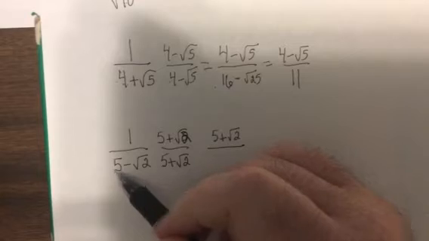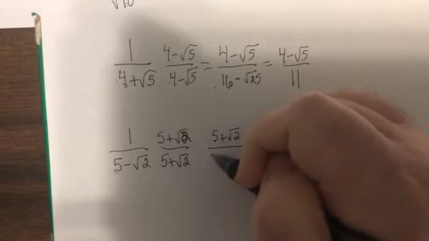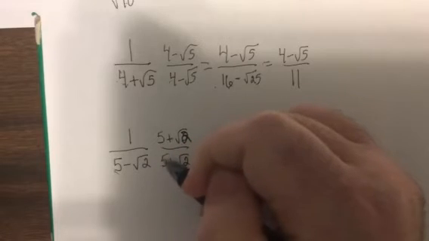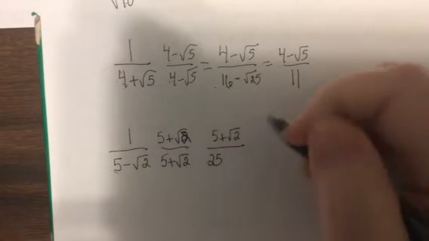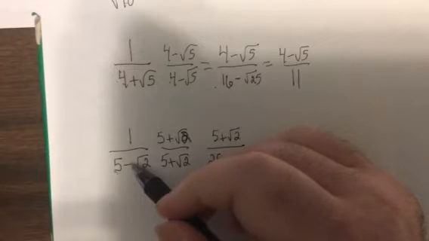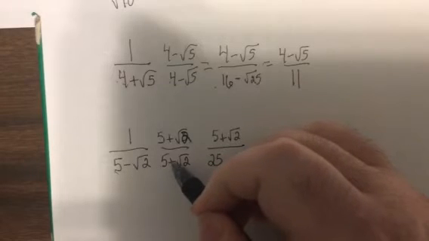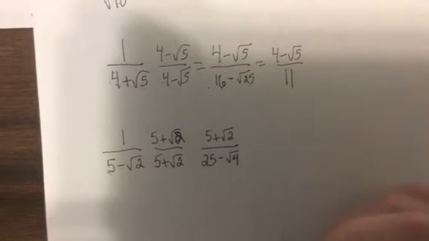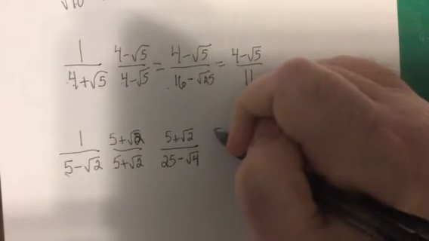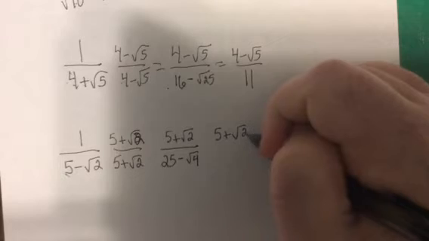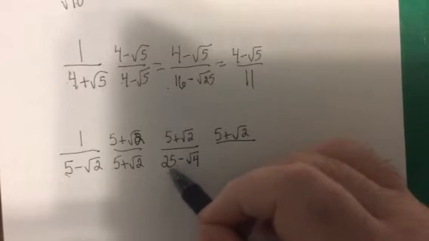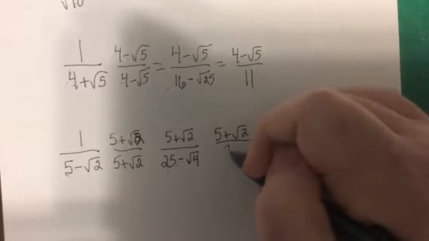On the bottom, 5 times 5 is 25. Minus 5 square root of 2 plus 5 square root of 2 is 0. And minus square root of 2 times a positive square root of 2 would be minus square root of 4. So 5 plus square root of 2 over 25 minus square root of 4, which is 2. 25 minus 2 is 23.